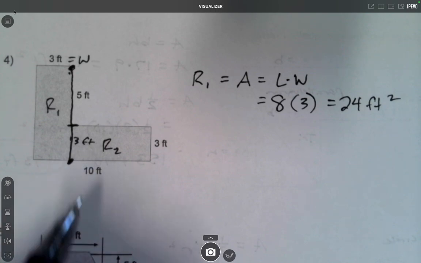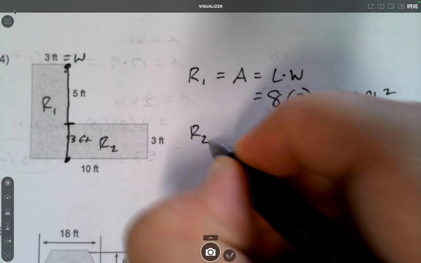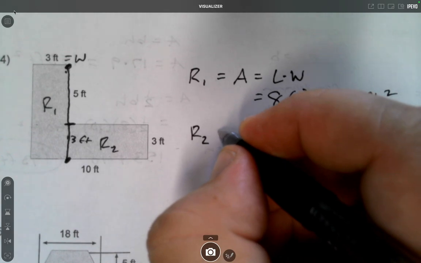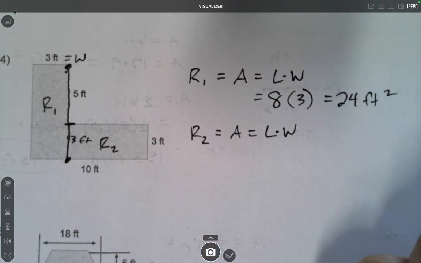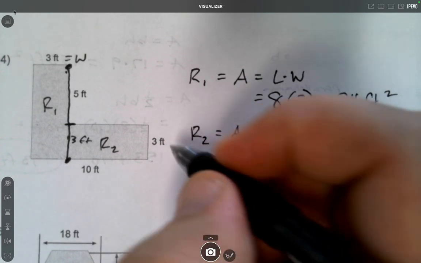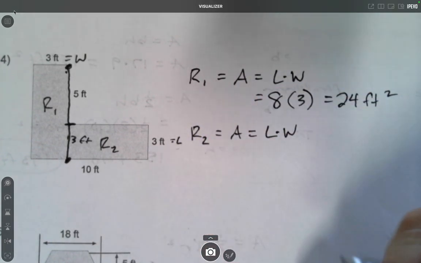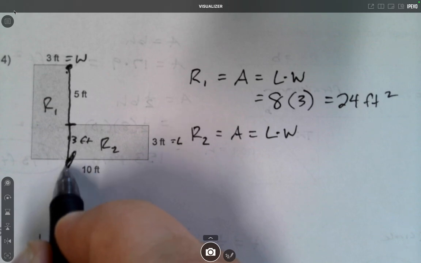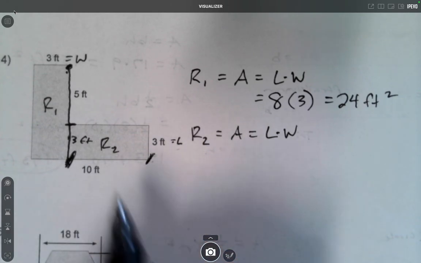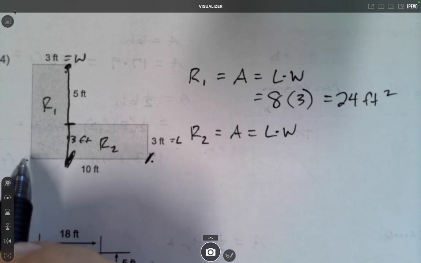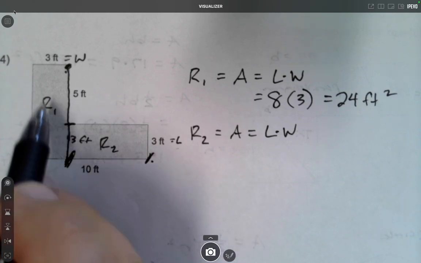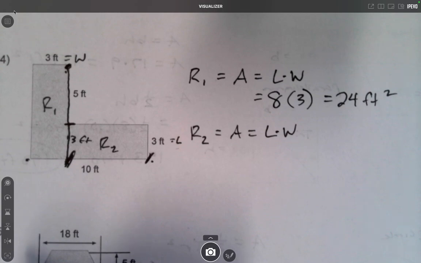Now for rectangle 2, also do length times width. Okay, this time you could say we have the length, it's 3 feet, but we only need the distance from here to here. This 10 feet is the distance from this all the way to this side, but we don't want to go that far because this part is already covered in the first rectangle we did.